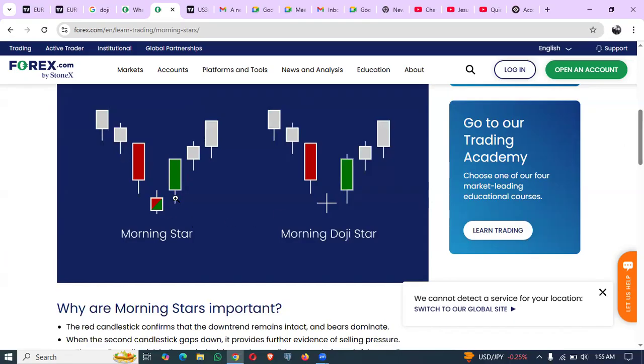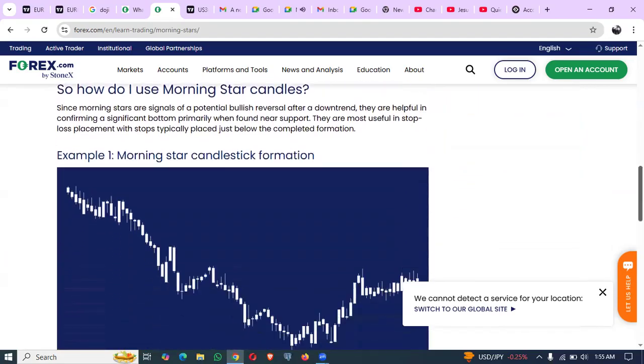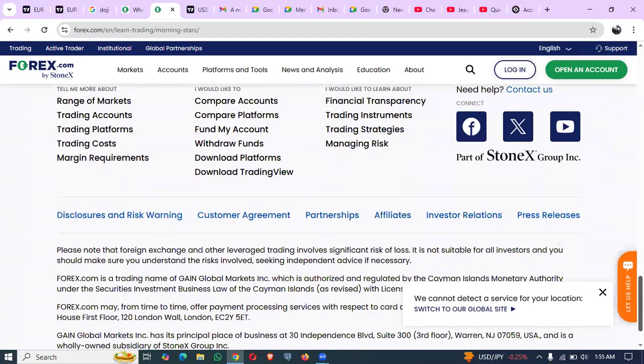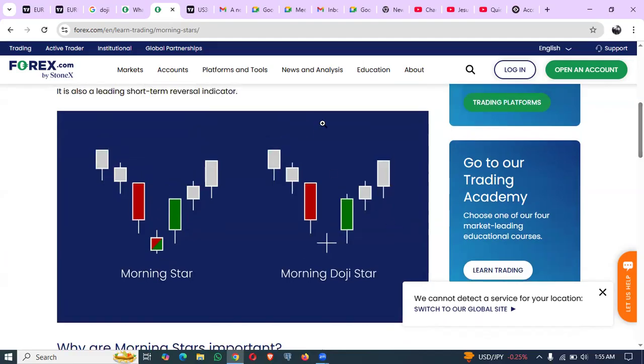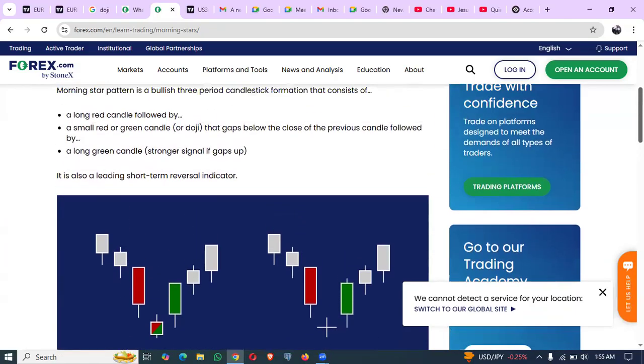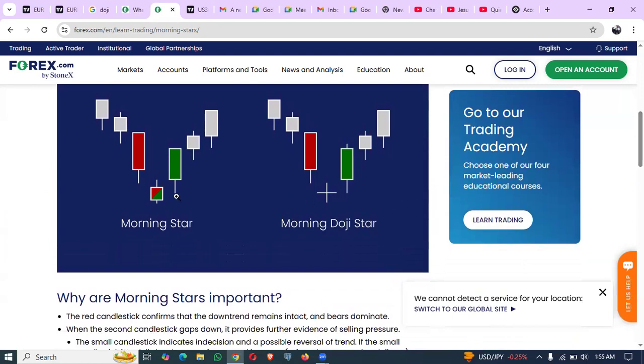So the one facing up is your morning star. The reverse of this one is the evening star. When you flip these three candles, it's called the evening star. I call it three candle formation because it comprises three candles together.